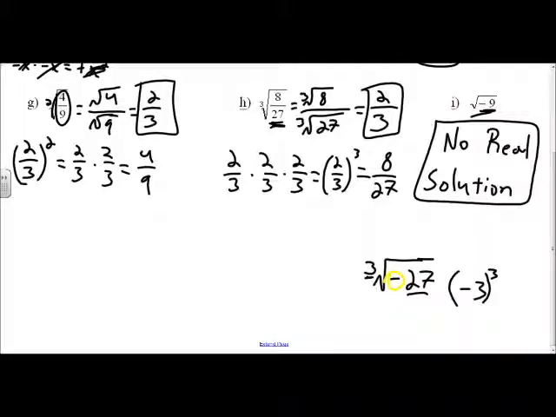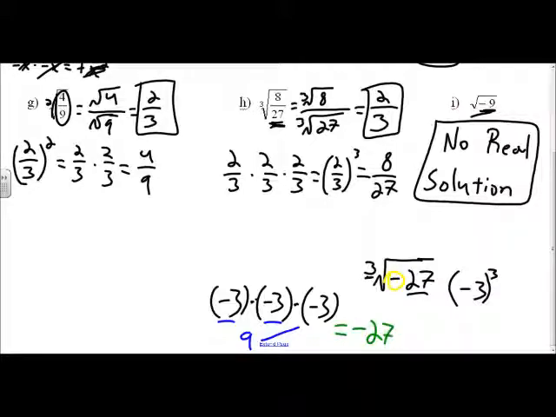cubed. And how we check that is we have negative 3 times negative 3 times negative 3. If we just look at our first two here, negative 3 times negative 3 is positive 9. Now a positive 9 times a negative 3, positive times a negative is negative. 3 times 9 is 27.